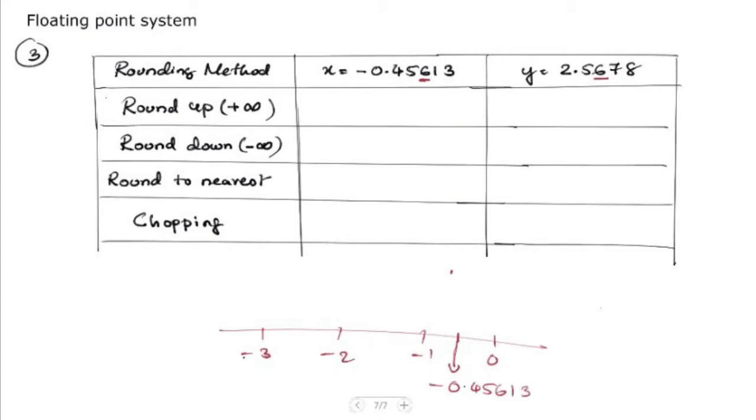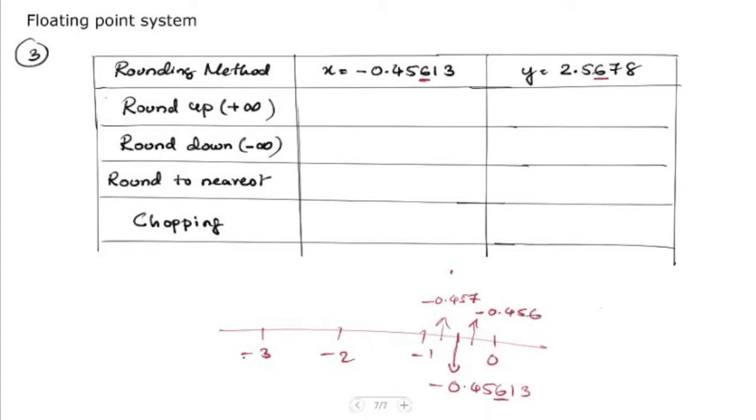the number that we have, let's say it's here, that is -0.45613. So on the two sides, let's say this point and this point here, we have two numbers up to the third decimal place. We have here -0.457, and here we have -0.456.